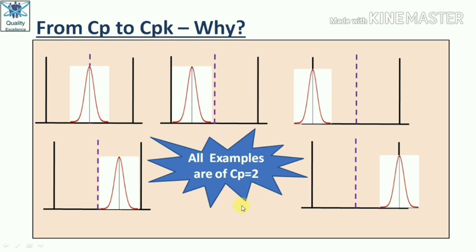The answer is no, because you can see here CP is equal to 2, but still the process is manufacturing 50% of the product which are out of the specification, which are below the lower specification limit, but still your CP is 2. So it is not showing the right picture of your process with respect to the specification.